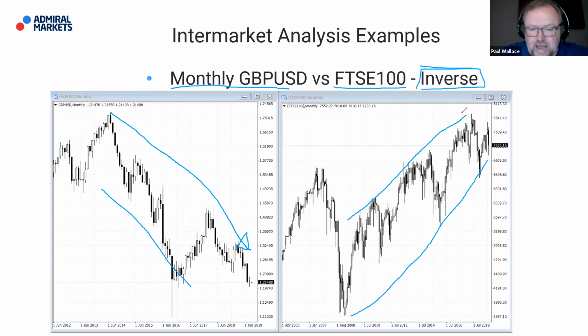What that means is that when sterling is strong, it has a drag effect upon many of the companies in the FTSE 100, because the profits they're reporting from their global operations, which could be in dollars, euros, yen, Canadian dollars, etc., will have an impact on the profitability of those companies, and therefore upon how attractive they are to investors and whether investors are looking to buy or sell them.